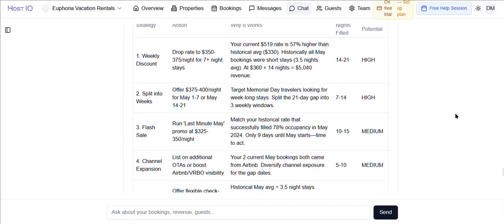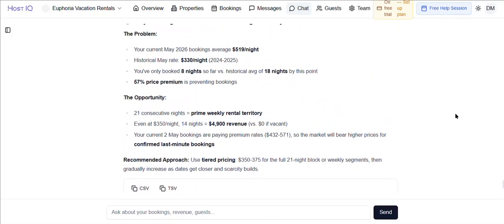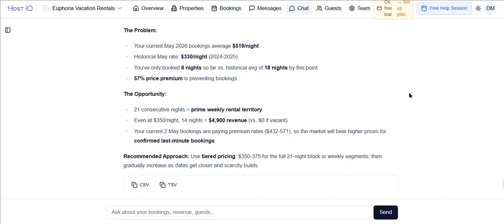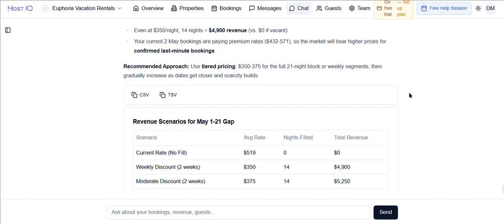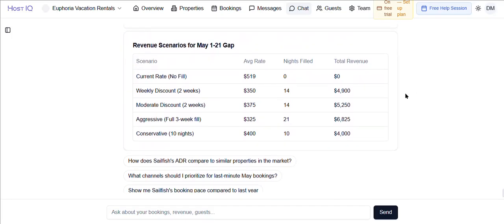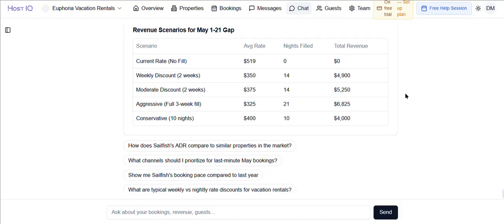It told me right here, your rates are too high for May. Now that's based on what I'm booking at now. My historical rate is 330. Love this. Okay, so it's giving me all these different models here.